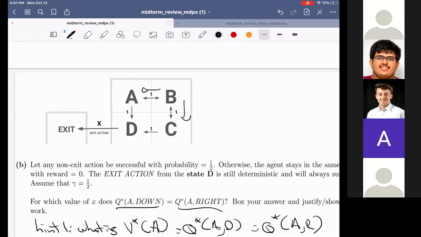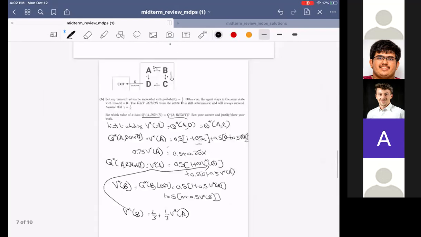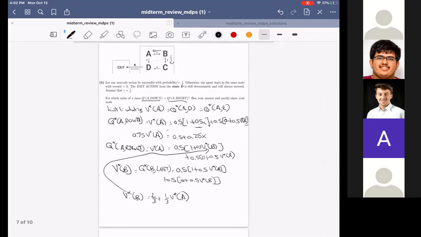Yeah, because A and C are both the same distance from the exit. They're basically the same state. And since you only have two choices, the best of these choices is either of them. So since we wanted stuff in terms of value of A, we made the choice to go left. And we're talking about the optimal value here. Okay, that makes sense. Thank you.